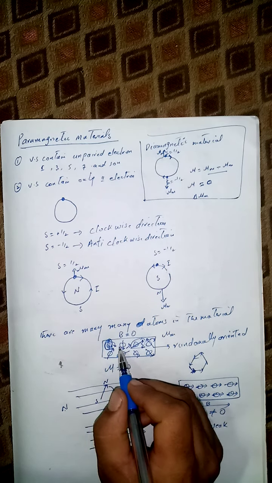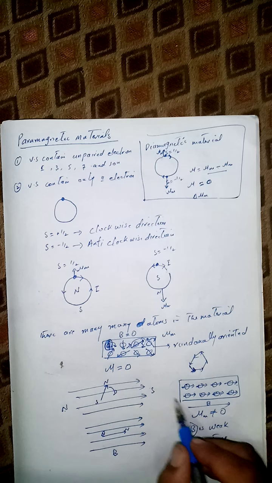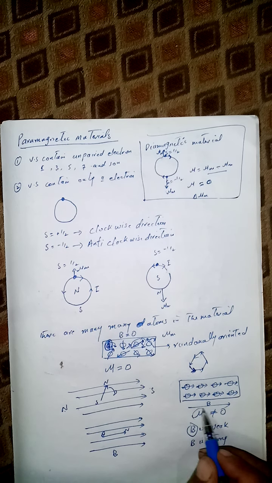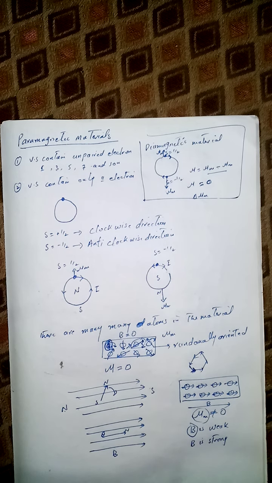But as we increase the magnetic field, if B is very strong, then all the dipole moments align in the direction of the magnetic field, and we have the maximum magnetic dipole moment. Once we get the maximum dipole moment, we attain a condition which is called the saturation condition.